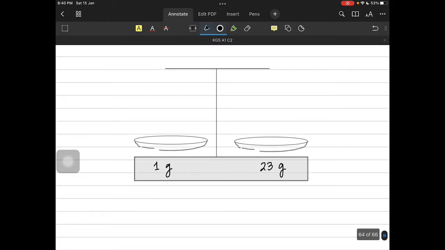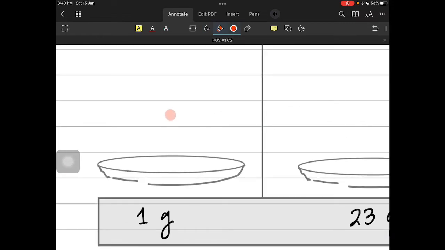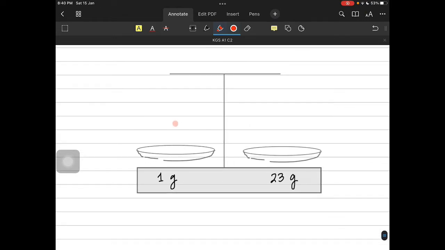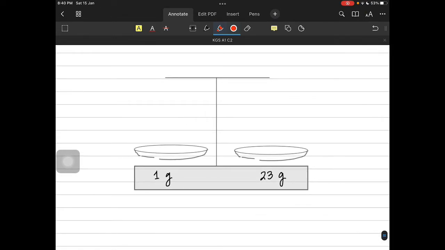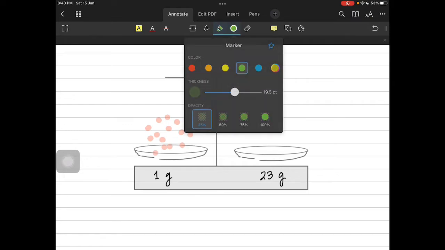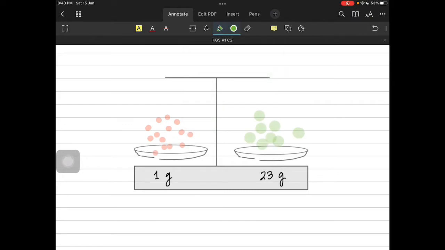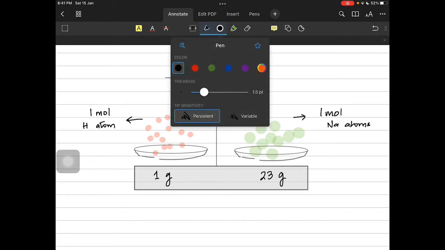So for example, if I were to say 1 mole of hydrogen atoms on this side, and 1 mole of sodium atoms on this side, each with all its 6.022 × 10^23 particles, their masses would be different.